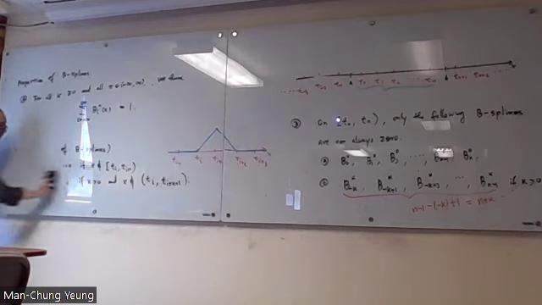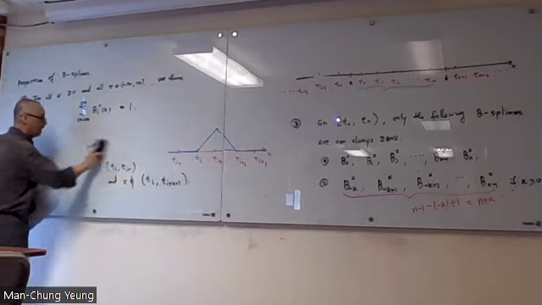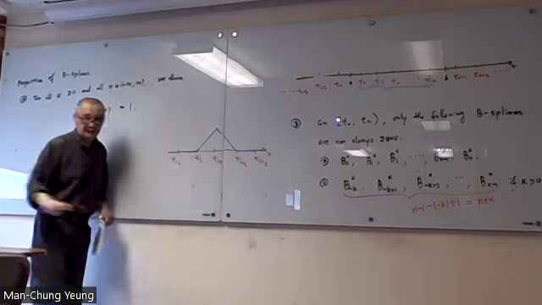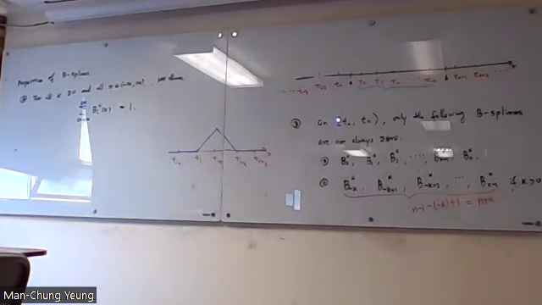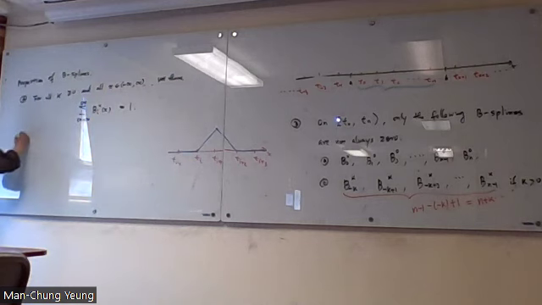Property number 5. Basic spline functions are piecewise polynomials, and also smooth.